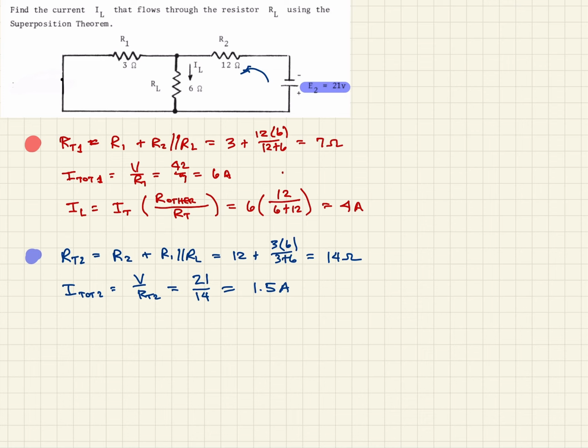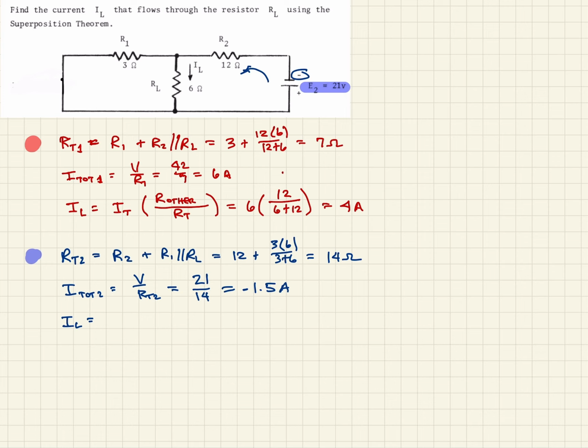Now, notice our voltage source is what some might call upside down or backwards. So we're going to need to put a negative sign there to show that that's in the opposite direction. But then again, our IL is going to be using current division.